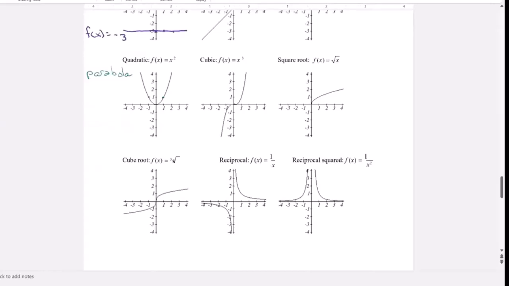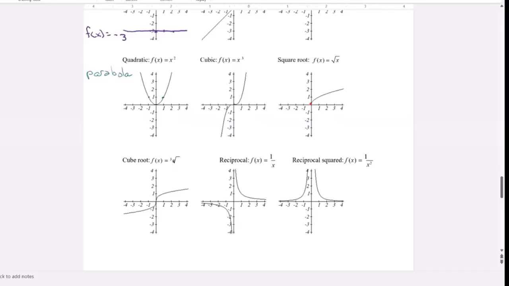Square root, well, the smallest value the square root can be is 0, which is why it starts here. Okay? Because we can't take the square root of a negative number. And then it slowly increases. Okay?